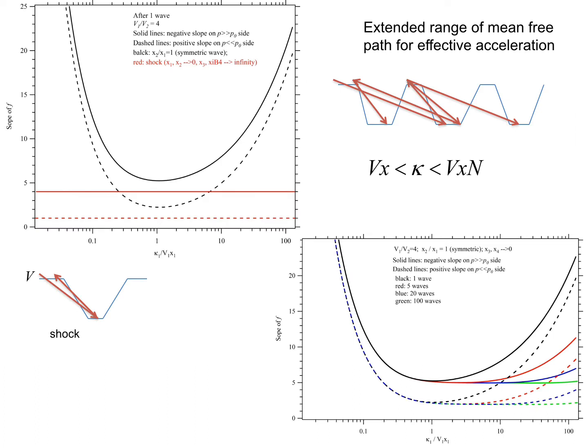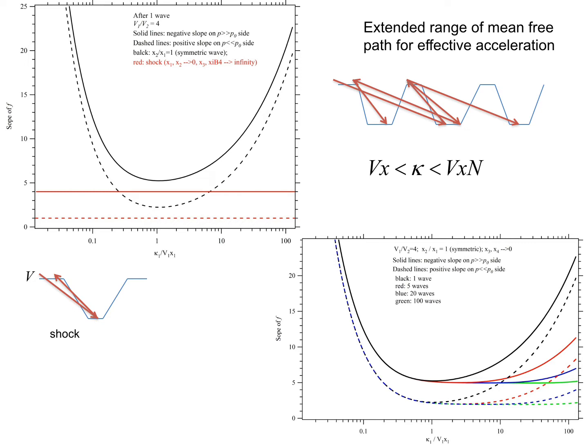The acceleration mechanism is very similar to diffusive shock acceleration. Every time the particle jumps across a compression region, it is going to gain energy. But the particle in a compressible wave can jump across several compressional zones and still gain energy.